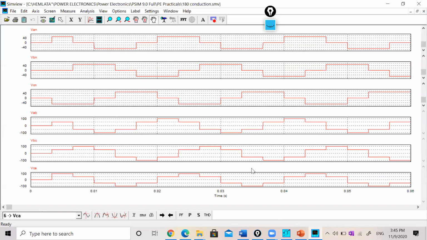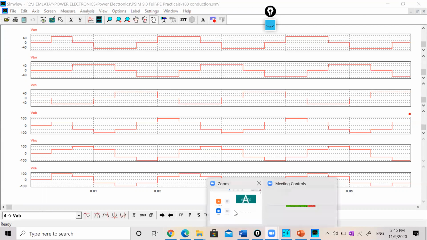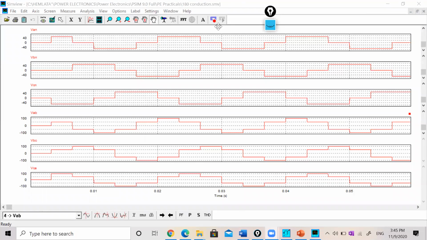Initially this was the structure in 180 mode for line voltage. Here it is the same as phase voltage, this is the 6-step structure, and this is quasi-square. So this 6-step structure is of line voltage. So this is 120 mode and 180 mode for our 3-phase inverters. Thank you.